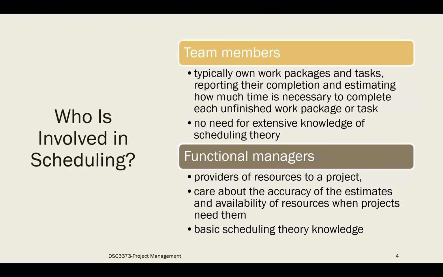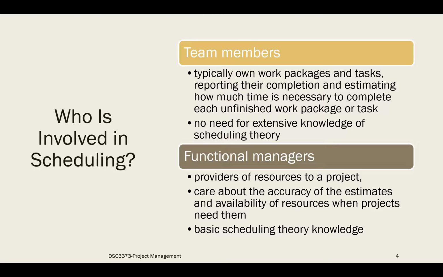So who gets involved in this process of scheduling? There are several groups of stakeholders who are going to get involved here. The first category is, of course, the team members, right? These team members will be in charge of the work packages and tasks, and they have to report the completion, and they have to estimate how much time is necessary to complete each unfinished work package or task.